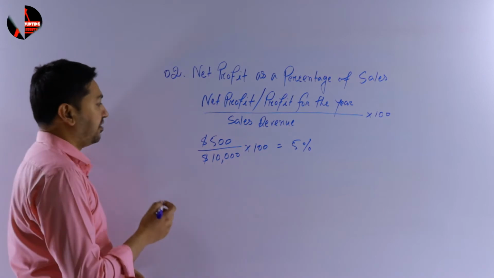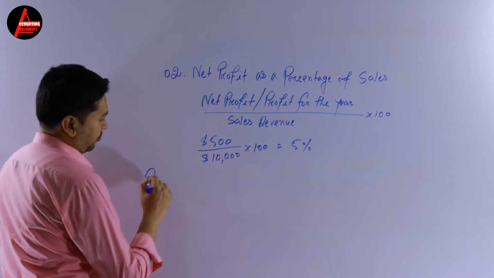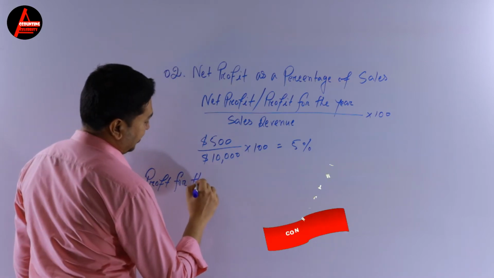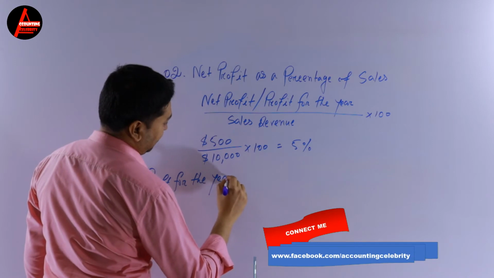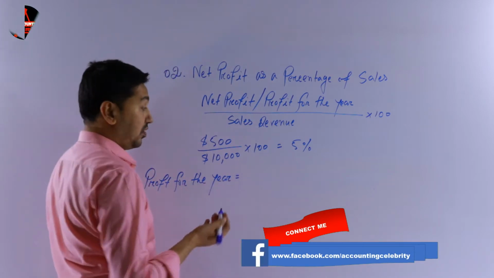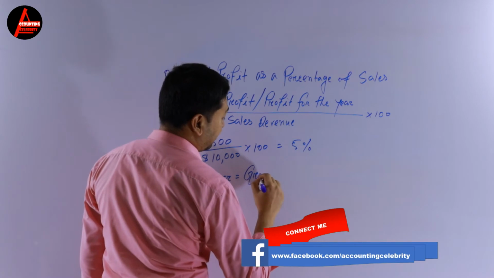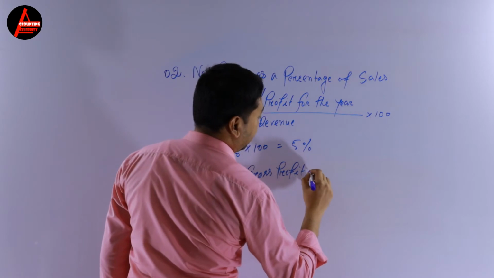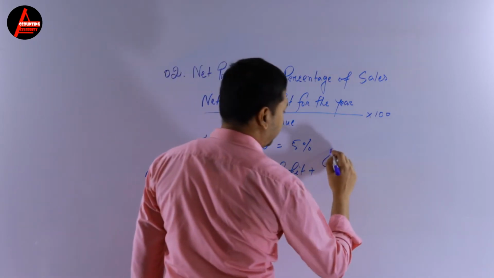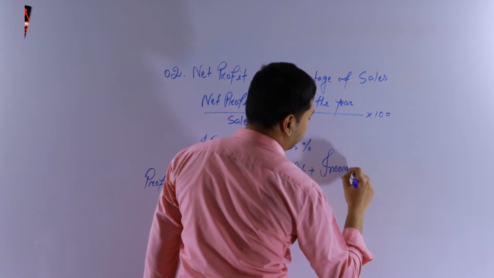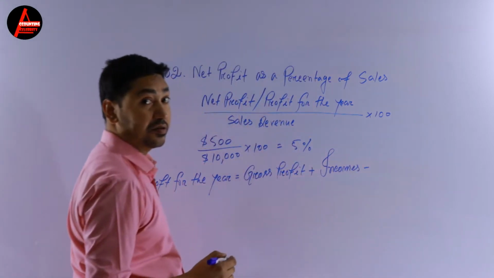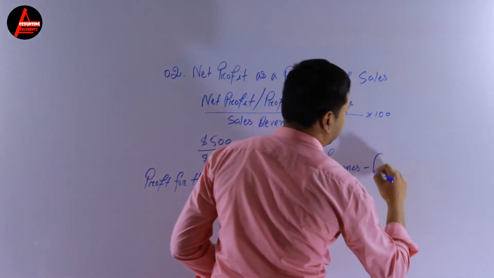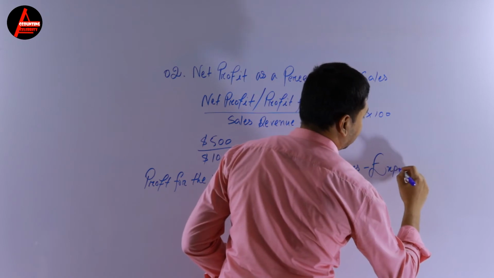Profit for the year equals what? Gross profit plus incomes, minus, guess what? Yes, expenses.